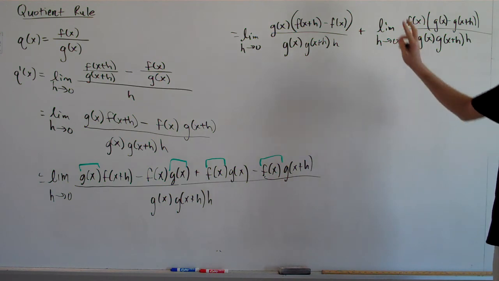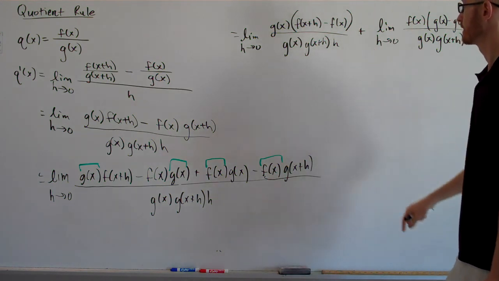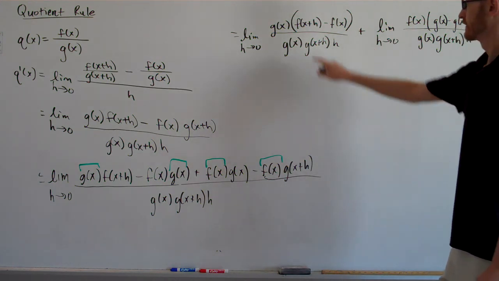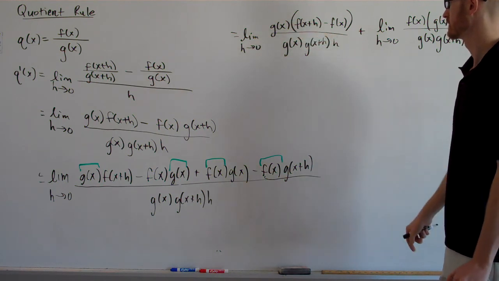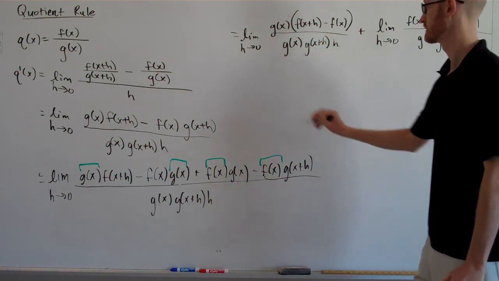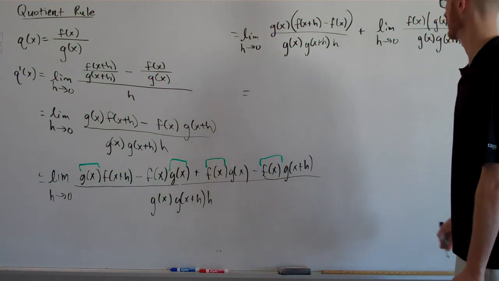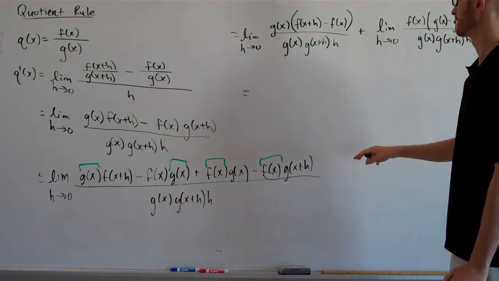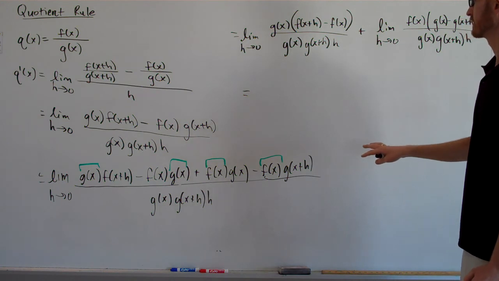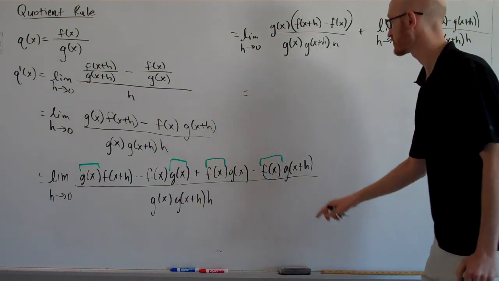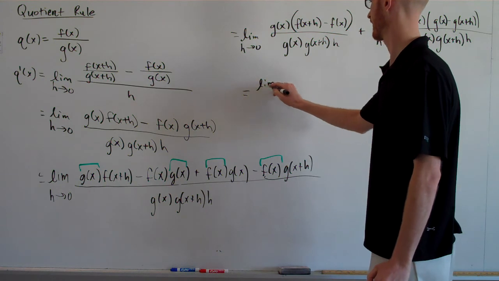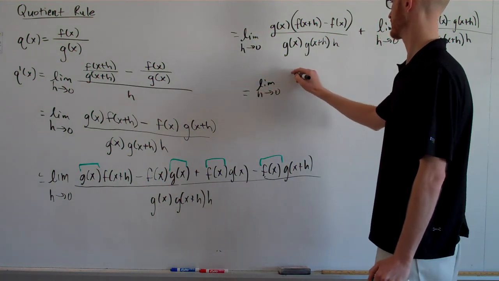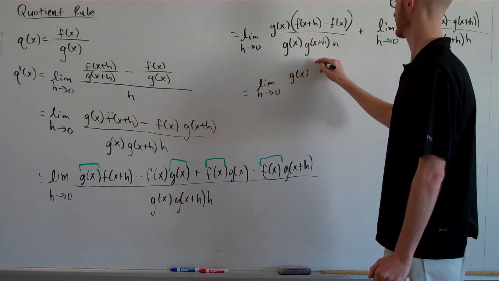Okay, you can see on this one, 2 g of x's, right? Well, I guess more to the point, I'd rather actually rewrite this thing in what will be a simpler way, I think, for you to see.